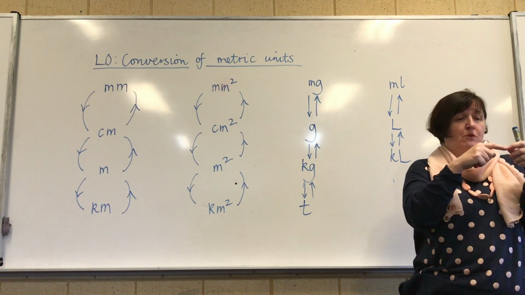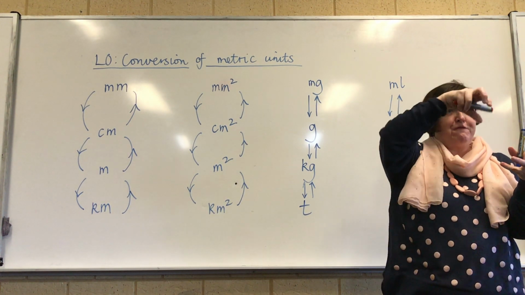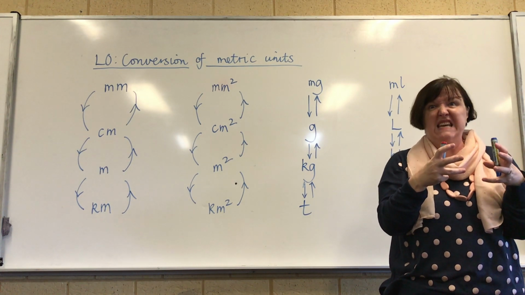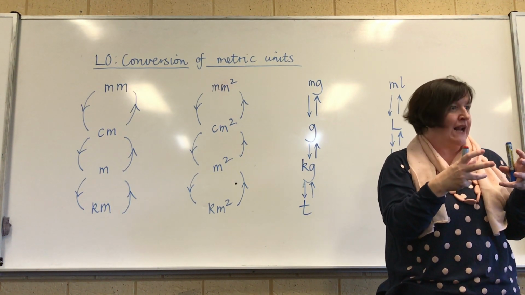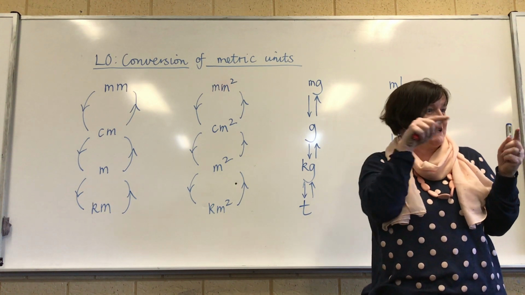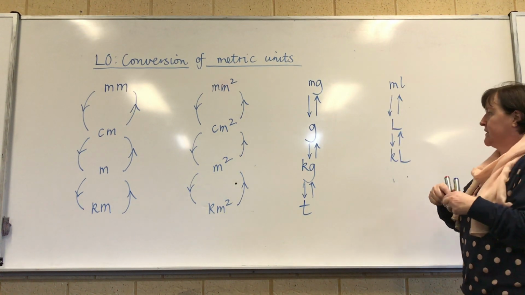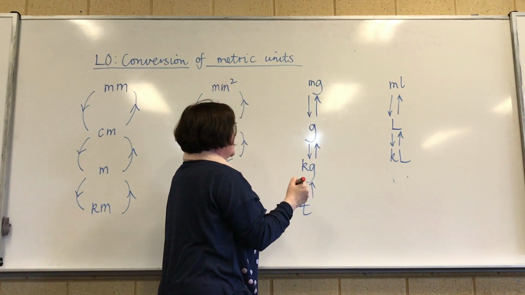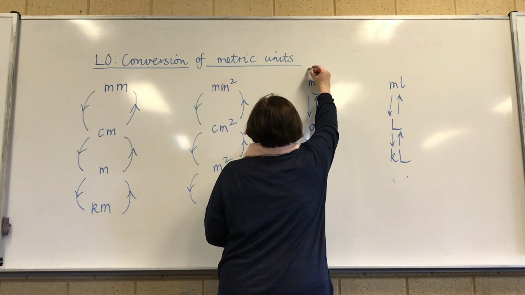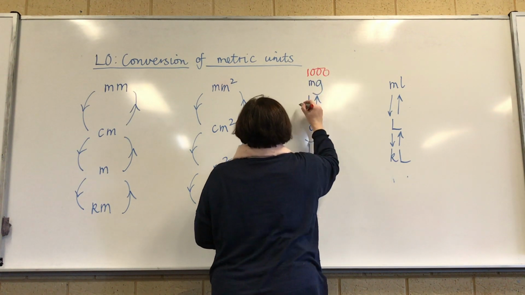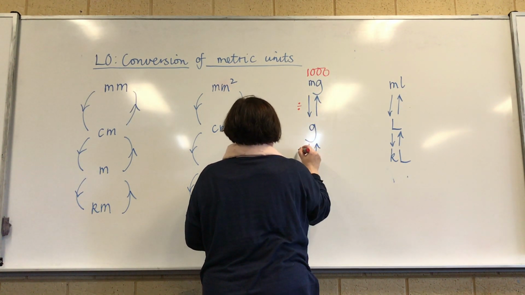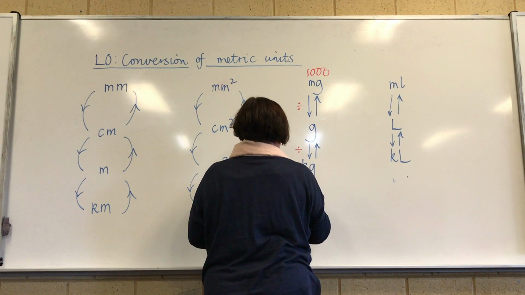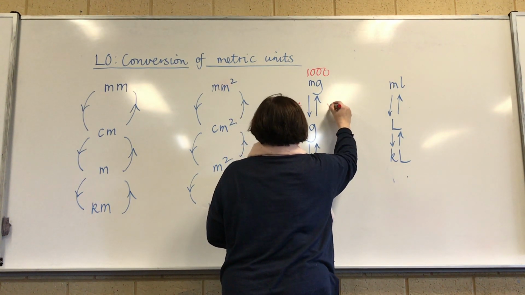So if you could make a cube that was 10 by 10 by 10 and fill it with water, that would be a litre, and it would weigh a kilogram. So all the measurements are related to each other. It's really clever. So what we have to do here, to go from milligrams to, it's all by 1,000, okay? This way we divide, and this way we multiply.